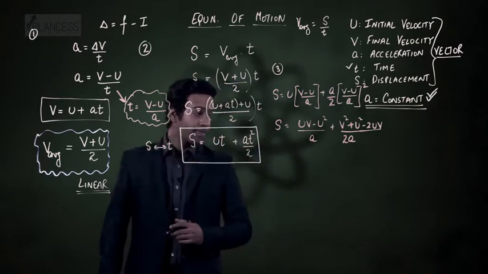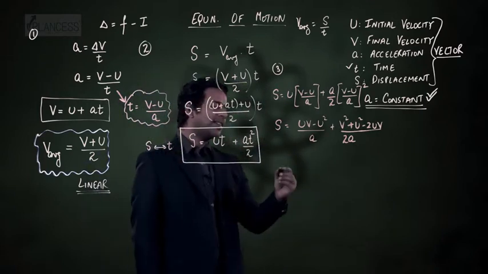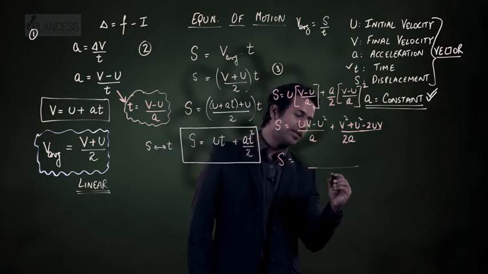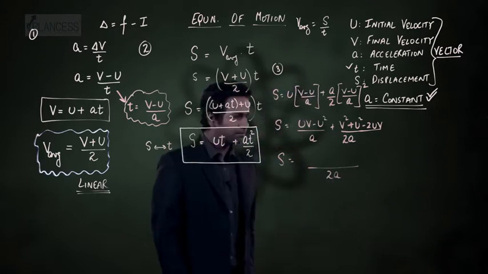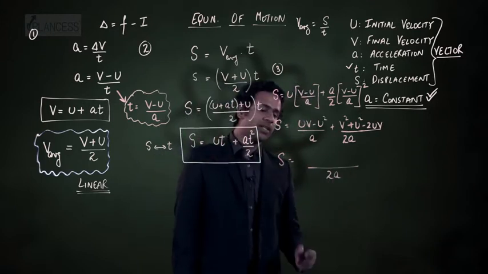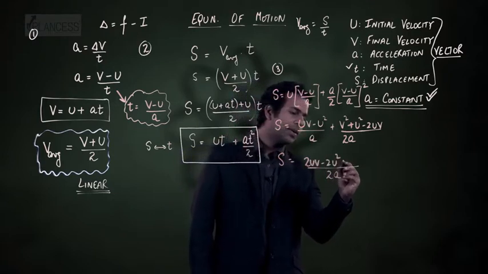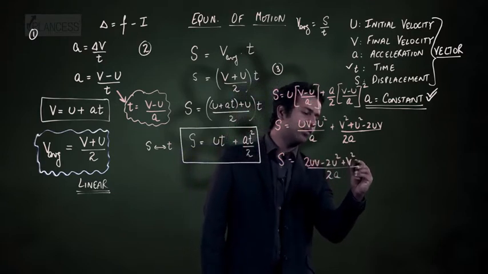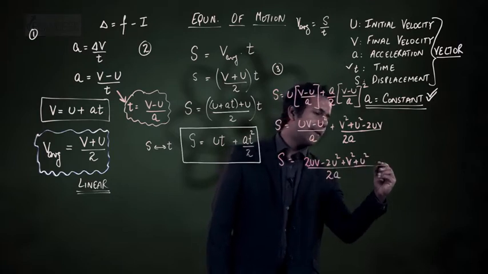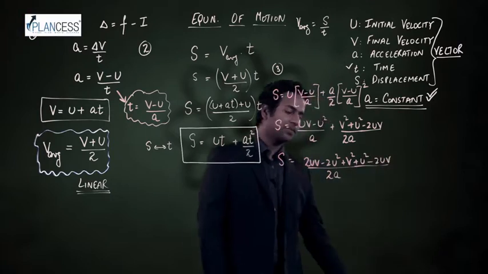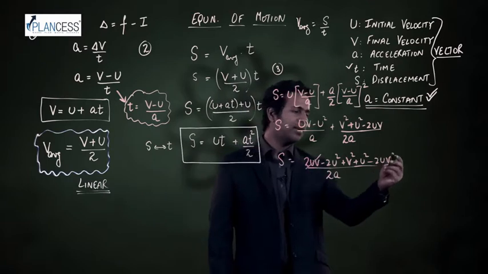Take the LCM, which is 2a, so multiply the first terms by 2: you have 2uv minus 2u square plus the remaining terms v square plus u square minus 2uv. The uv gets cancelled.